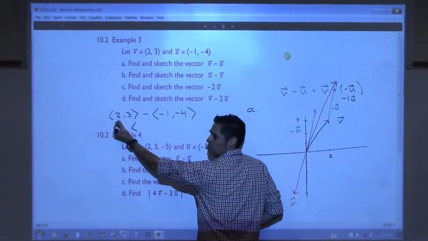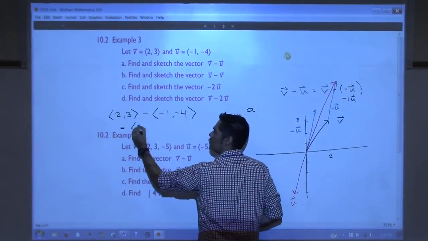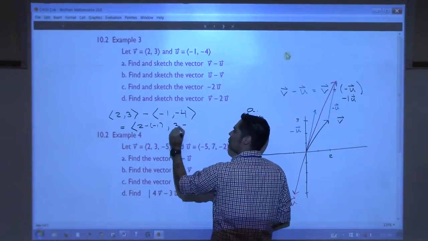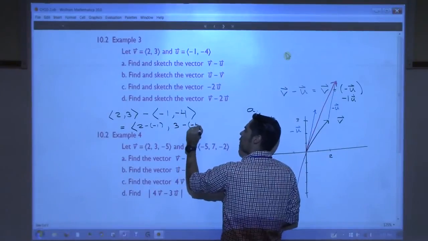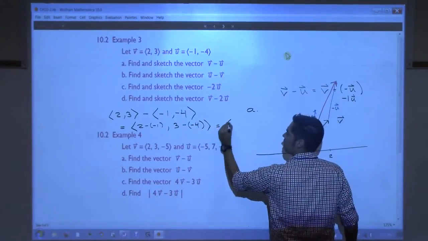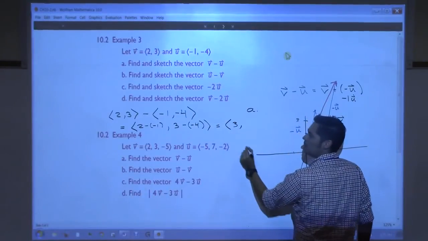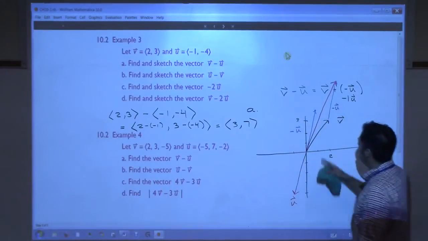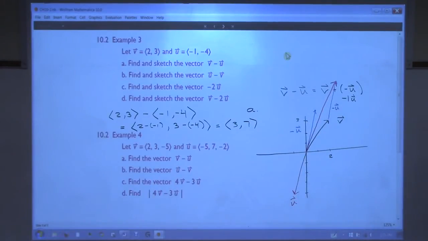You take the 2, subtract -1, so 2 minus -1. And then I take the 3 and I subtract -4. So what does that result in? The vector 3, 7? Does that red vector look like the vector 3, 7 to you?